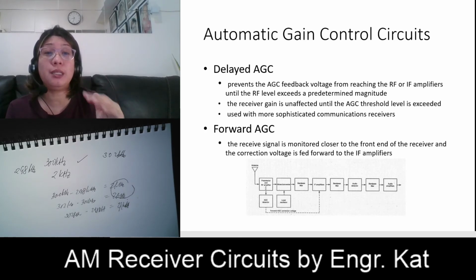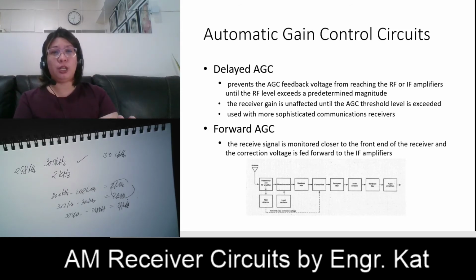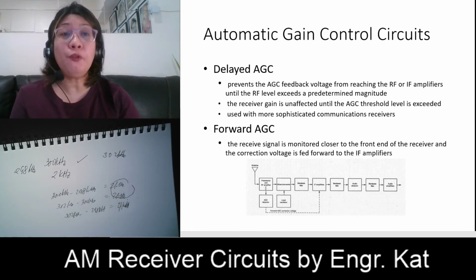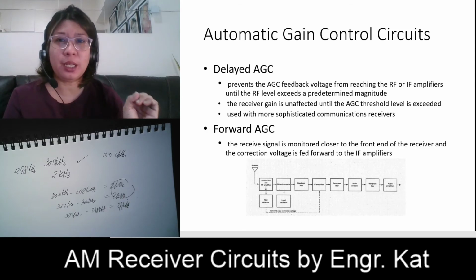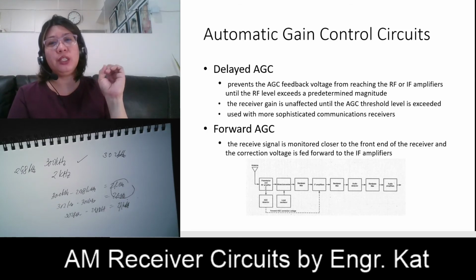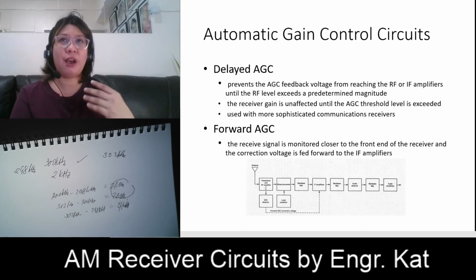As long as it is not being exceeded, the automatic gain control circuit will not function. Unlike with the simple AGC, once there is a change in the input, the receiver gain is immediately affected.